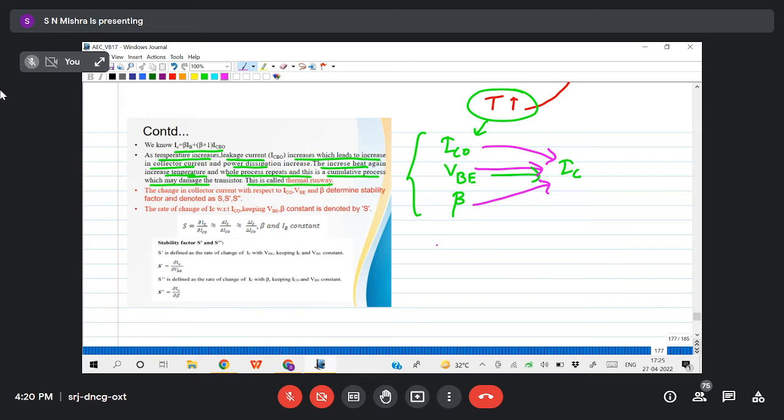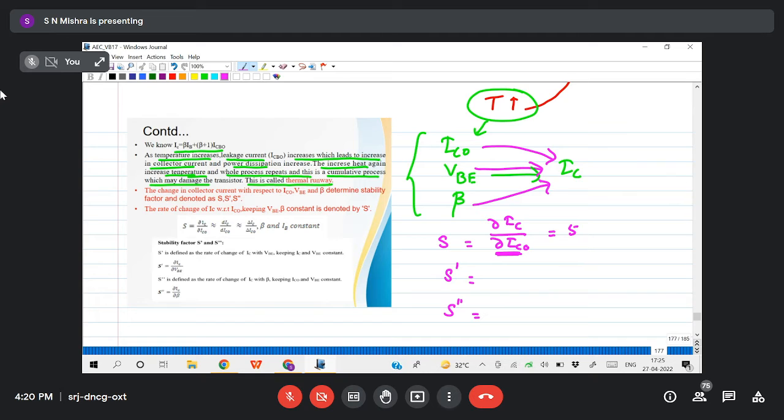So there are three parameters: S, S dash, S double dash. S means change in IC to change in ICO. That means how much change in IC will be seen if I change the leakage current. If the factor is like 5, then one unit increase in leakage current will affect the collector current 5 times.